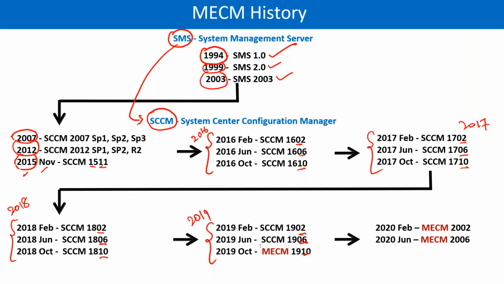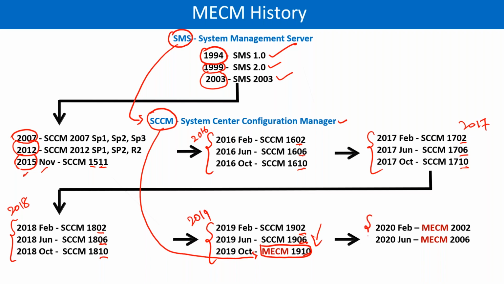But from October onwards, they changed the name again. Last year, they changed the name from SCCM to MECM, Microsoft Endpoint Configuration Manager. So it is no more SCCM now. Previously, we used to call it SCCM, System Center Configuration Manager, now MECM, Microsoft Endpoint Configuration Manager.